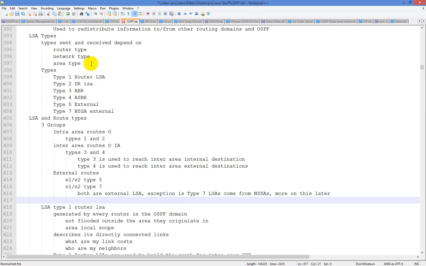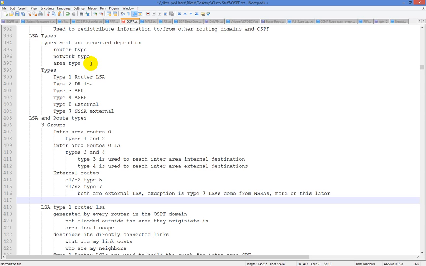So if you have an ABR sitting at Area 0 and Area 1, the ABR is going to take Area 0 routes and advertise them to Area 1 as inter-area routes, and vice versa. It's going to take Area 1 routes and advertise them as inter-area routes to Area 0.